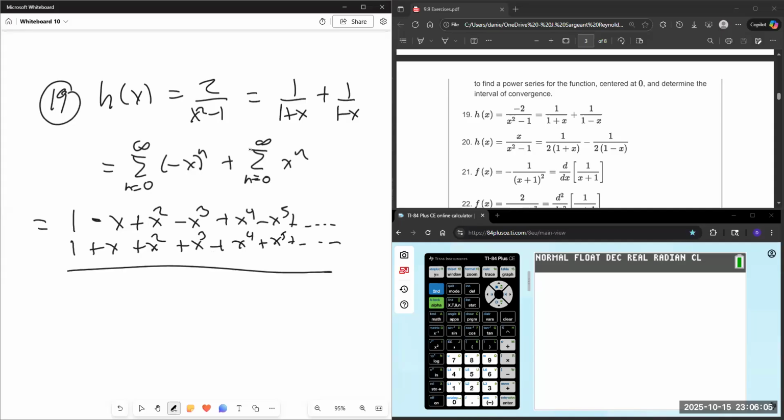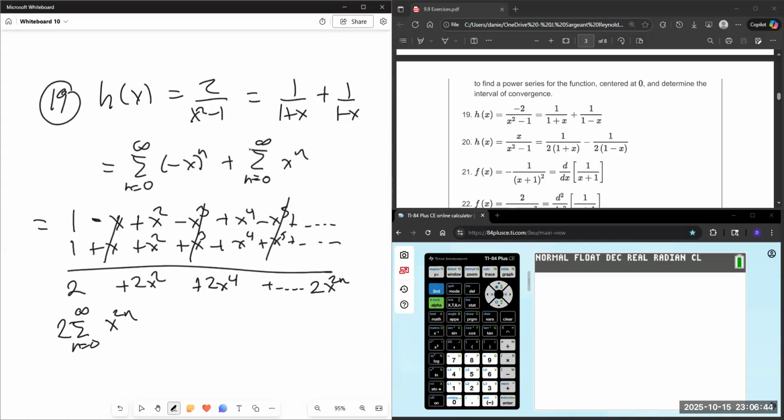When I add them together, this is 2. That term cancels, plus 2x squared, plus 2x to the fourth, and so on. And I'll have 2x to the 2n, right? So this is going to be 2 times the summation n equals 0 to infinity of x to the 2n.